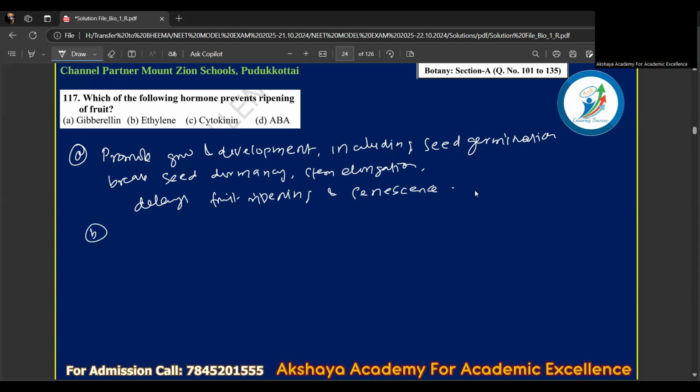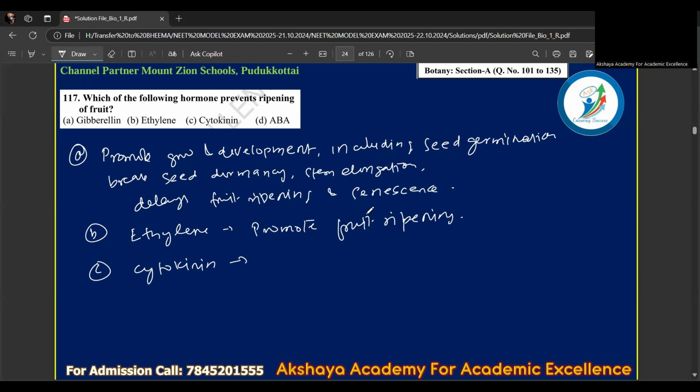Ethylene promotes fruit ripening. It's a gaseous hormone. Then third, cytokinin. It promotes cell division and elongation of plant, and therefore growth.